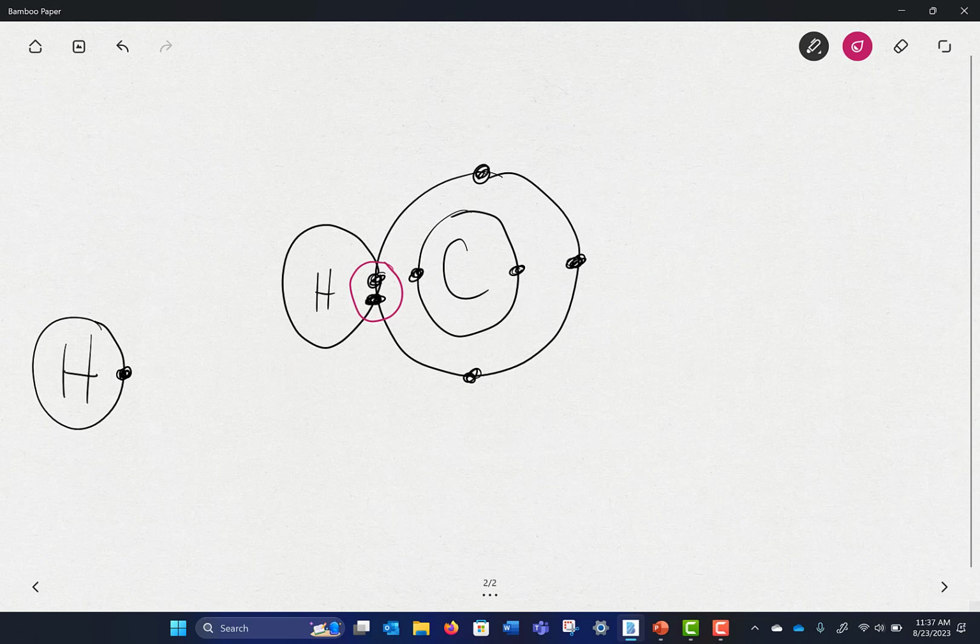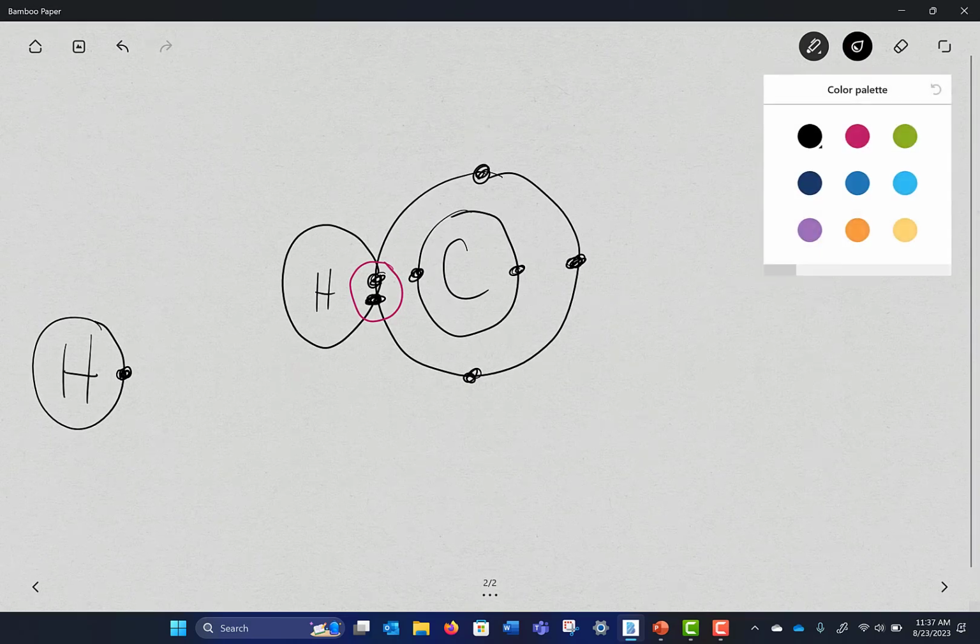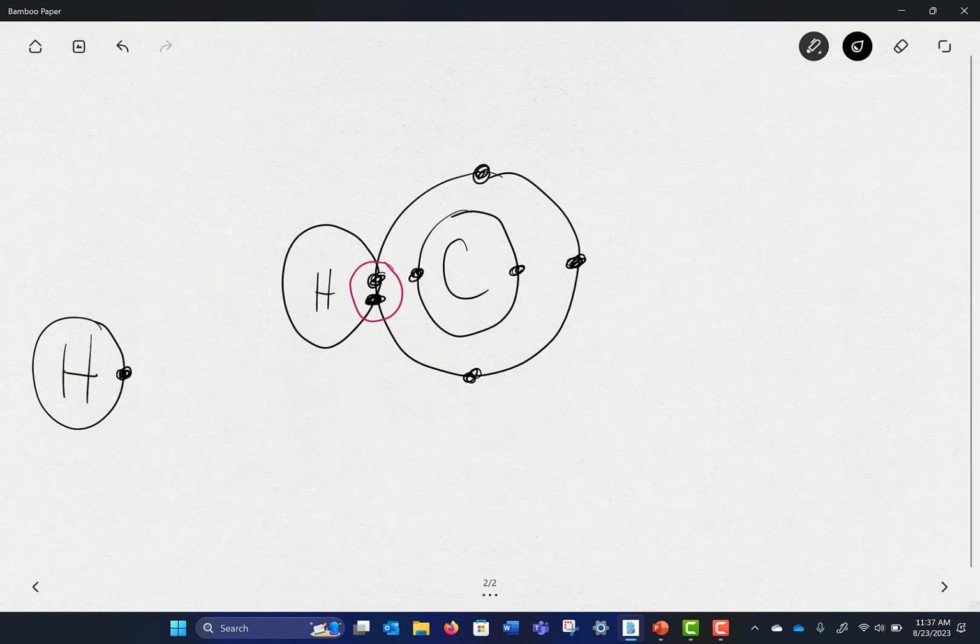The hydrogen there has 2 valence electrons now, which is all it needs because it's only got 1 shell. So hydrogen is full. Carbon, it's fuller, but it's not quite happy yet. But there's a lot of hydrogen around. And if other hydrogens are nearby, they will do the same thing.